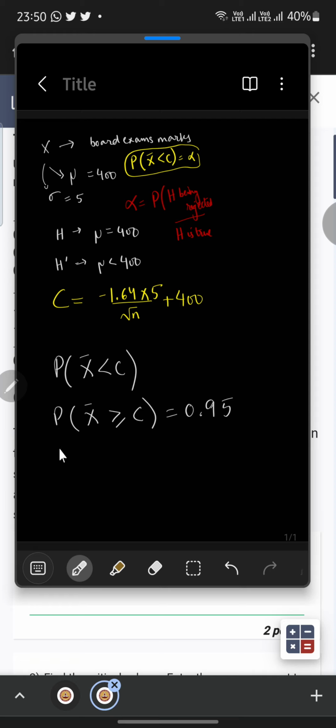This is kind of confusing, but in the question it is given that the average may be lower than possibly 390. So we will assume C to be 390.